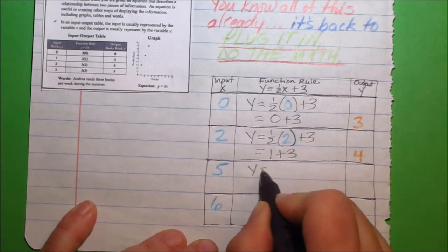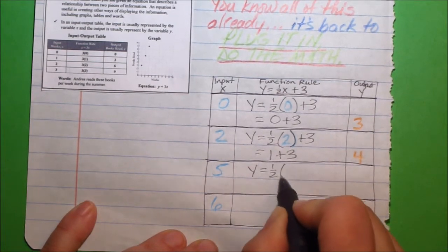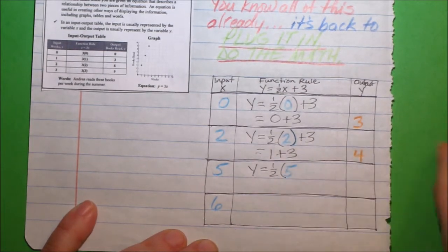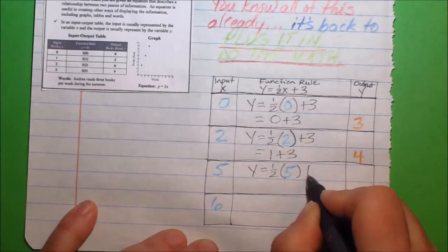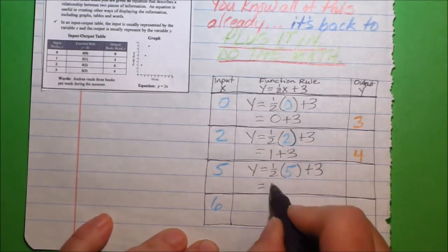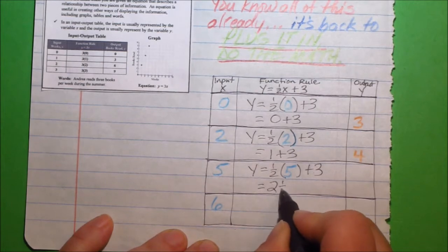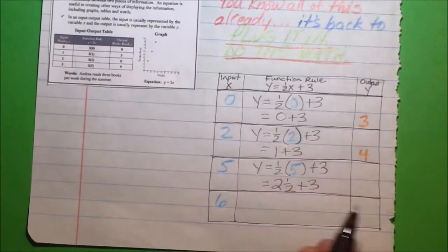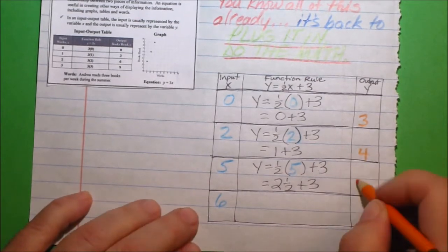All right, so now we have Y equals 1/2 times 5, plus 3. Okay, so 1/2 of 5 is going to be 2 and 1/2 plus 3. So 2 and 1/2 plus 3 is 5 and 1/2.